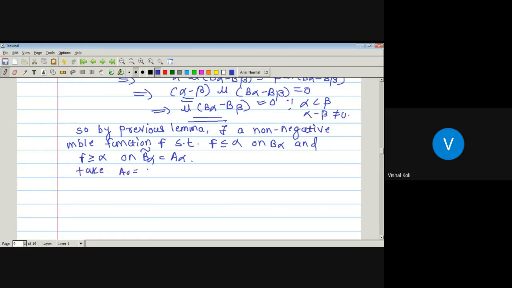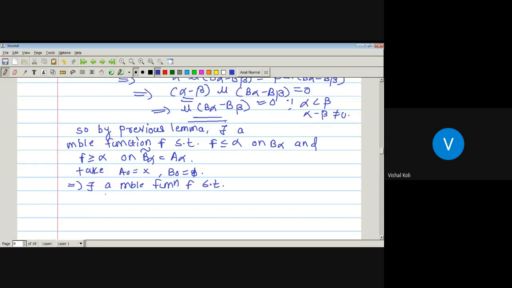A naught is equal to X and B naught will be equal to the empty set, which implies there exists a measurable function f such that, actually in that lemma we don't know the non-negativeness of the given function. It is just an extended real valued function.